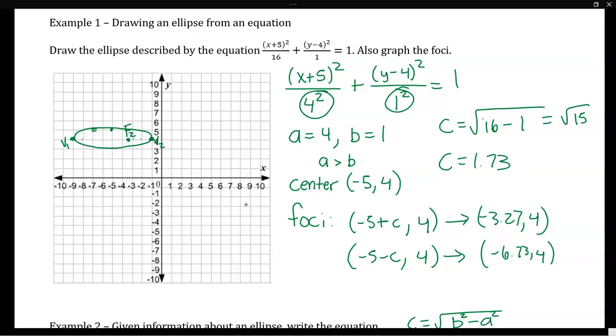So instead of our foci being here, let's change this around. That's negative 5 plus 3.9, which is negative 1.1, and negative 8.9. So negative 8.9 is going to be right here, and negative 1.1 is right there. So those points should be right there instead.